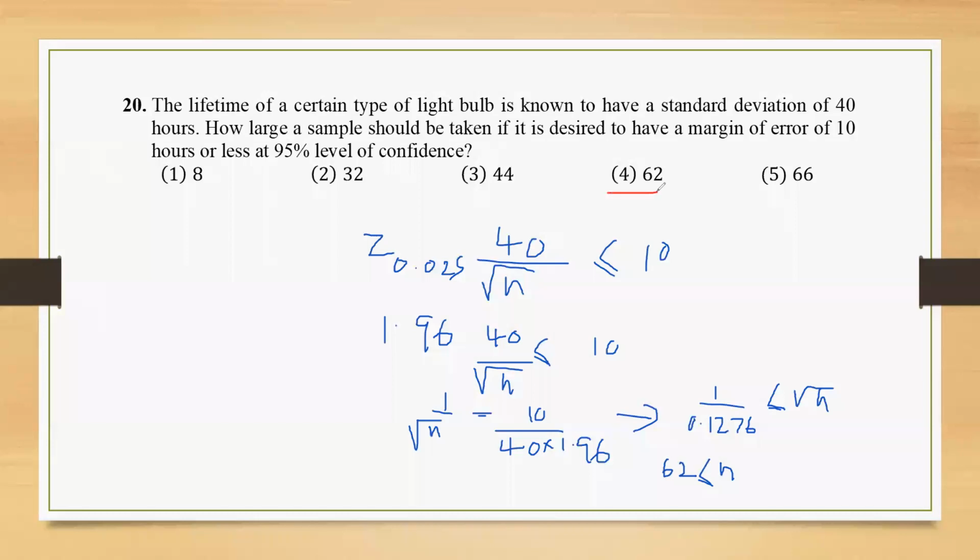So based on the margin of error, you can easily calculate the value. It is not a very difficult question. It is a question with a bit of lazy maths along with the margin of error concept. Right. So the answer for the 20th question is number 4.